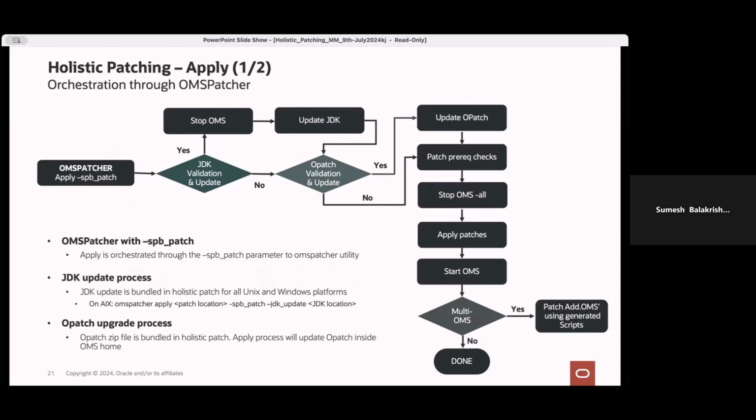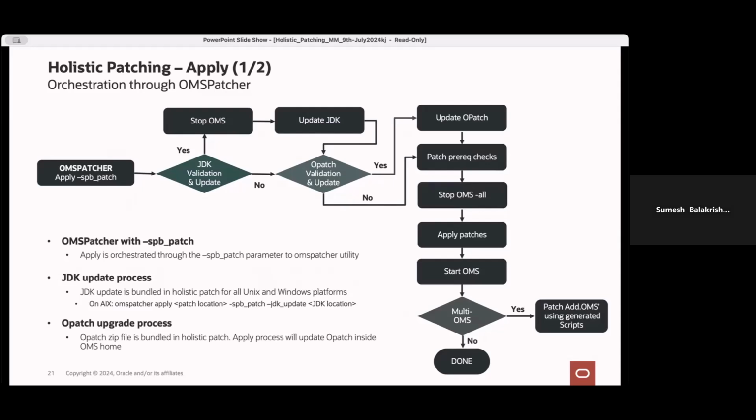And then once the JDK update is complete, it'll check whether the OPatch update is required or not. The reason we check is that the stack patch bundle, even though we are orchestrating through the OMS patcher, the OMS patcher is going to internally call the OPatch and apply, because that's how it is orchestrated to apply all the stack component patches.